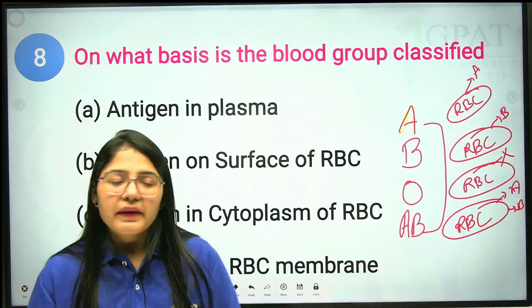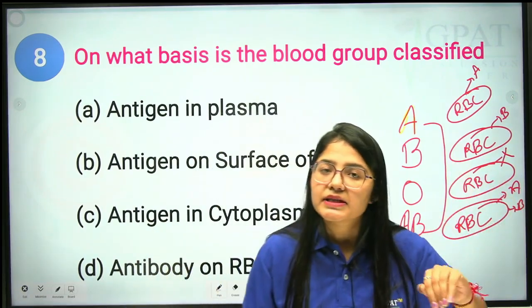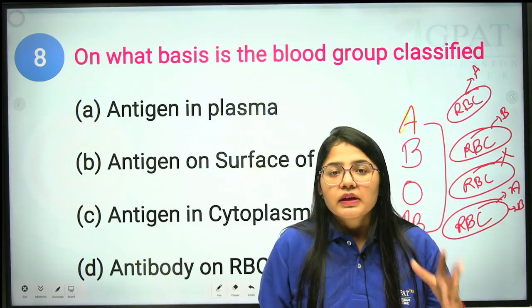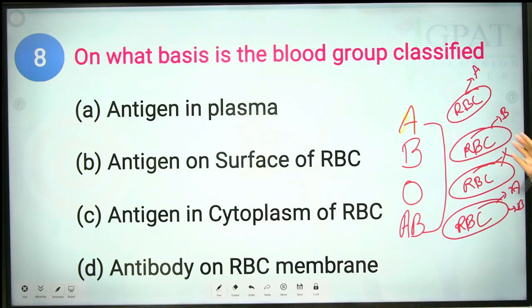So it depends on the antigen, and these antigens produce antibodies. So this classification of blood group is dependent on the antigen present on the surface of RBC.